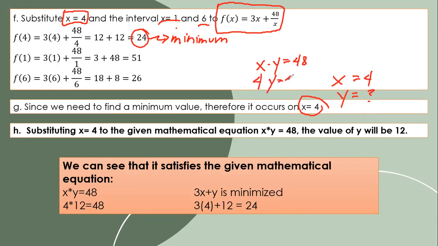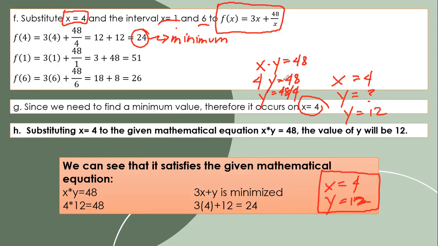So, 4y is equal to 48. Y is equal to 48 over 4. That is equal to 12. So we get the two non-negative numbers, x and y. That is x is equal to 4 and y is equal to 12.